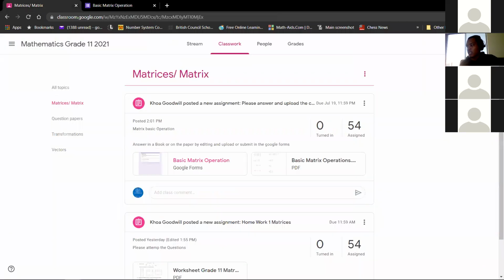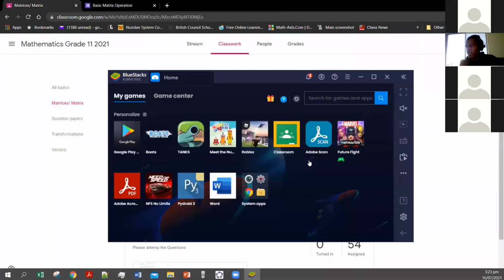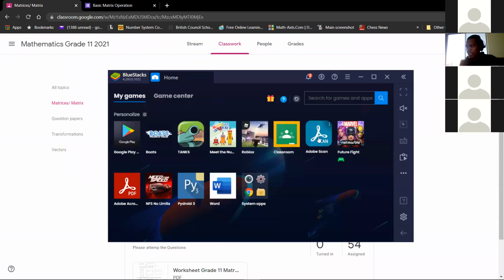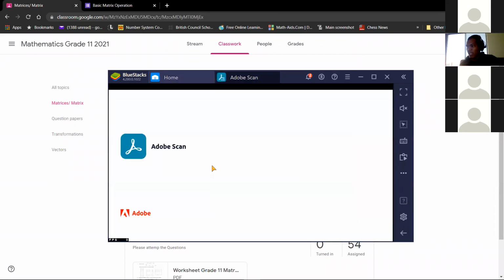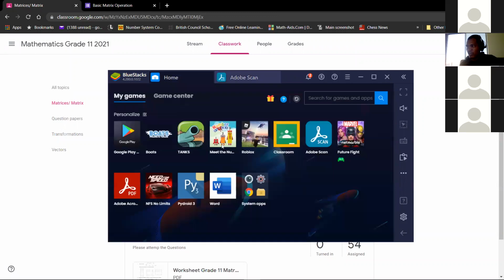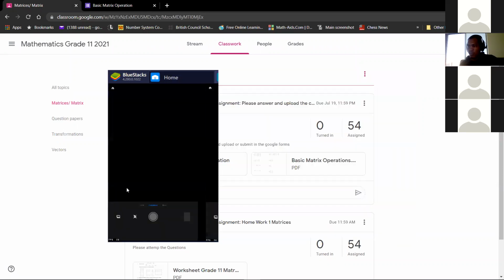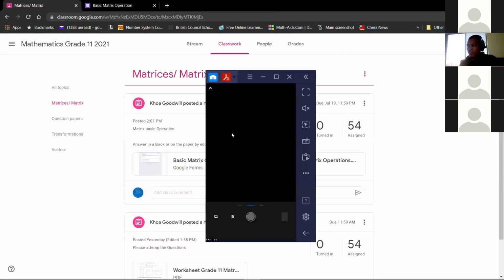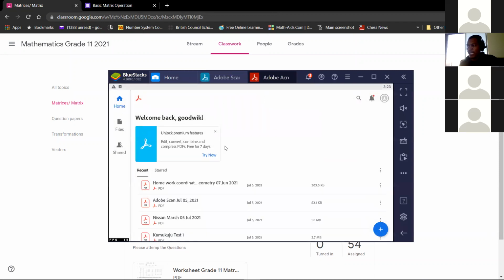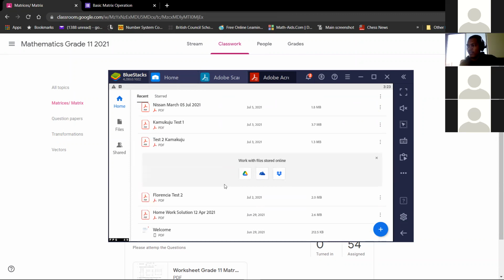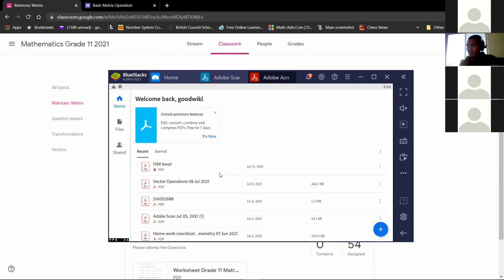All right. I just wanted to show you the apps that you need. Adobe Scan, if you are using pen and paper, Adobe Scan will help you to upload it. Adobe PDF will also help you to view and edit the PDF.